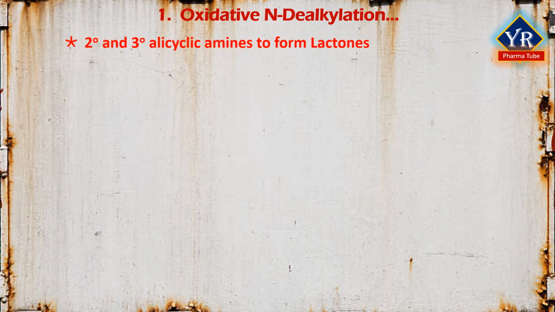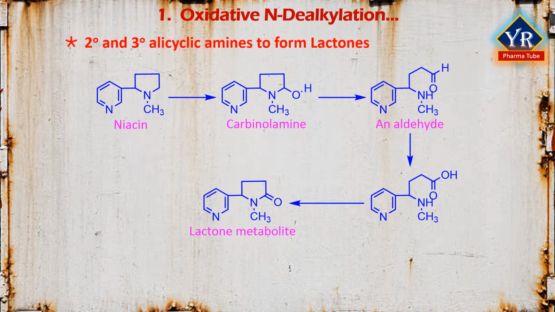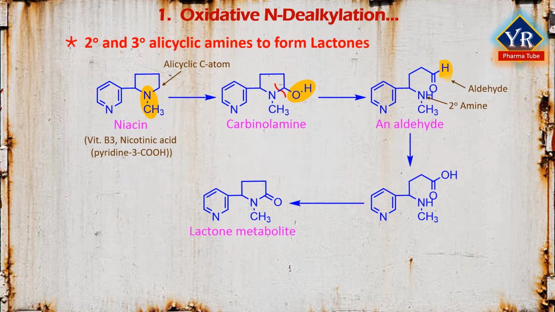Secondary and tertiary alicyclic amines can form lactones, as illustrated with niacin, which is also known as nicotinic acid. Oxidation of the alicyclic carbon atom adjacent to the tertiary nitrogen produces a carbinolamine. The carbinolamine subsequently breaks down to form a secondary amine and an aldehyde, similar to what was seen with oxidative deamination and N-dealkylation.